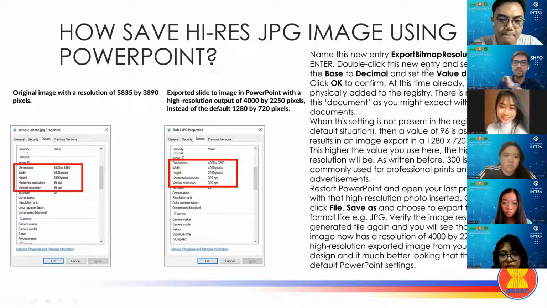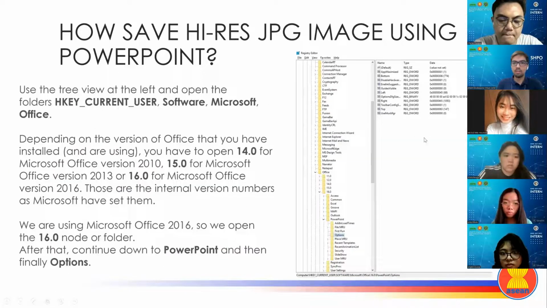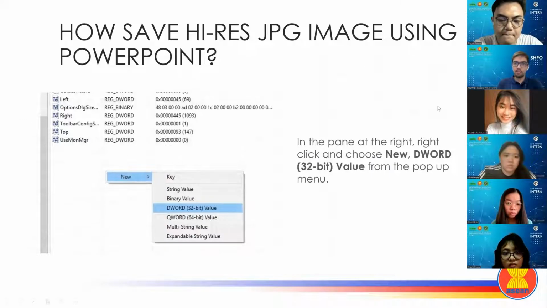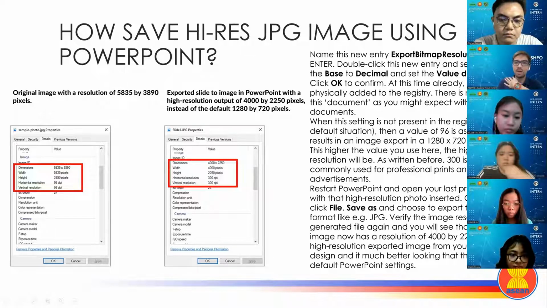You double click this new entry. So it should appear here, the right side. And set the base to decimal and set the value data to 300 and then click OK to confirm.